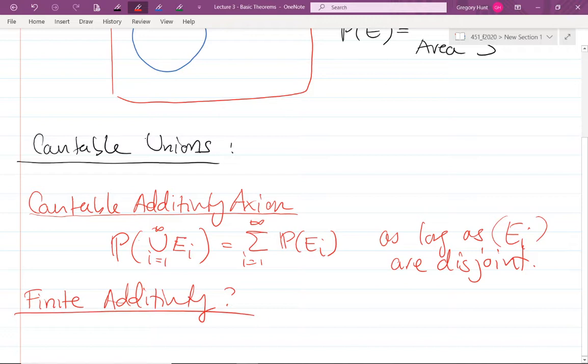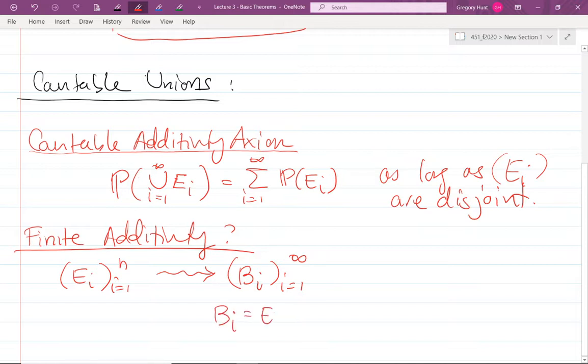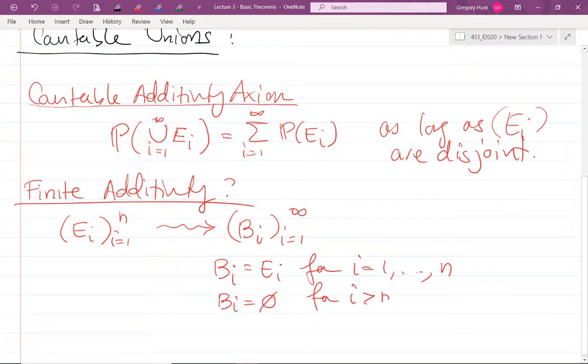Is this distributive law going to be true for finite sets? It will be. So if I have a finite collection, say E sub I, where I goes 1 to some n, what I can do is convert this into a new set, let's say B sub I, where I goes 1 to infinity, where B sub I equals E sub I for I from 1 to n, and B sub I is the empty set for I bigger than n.